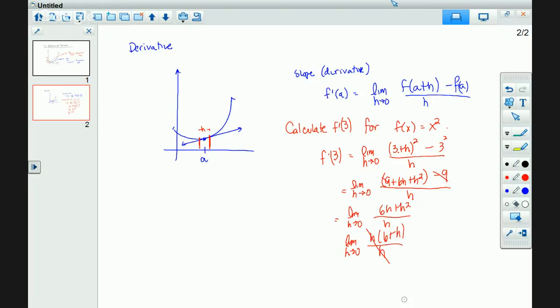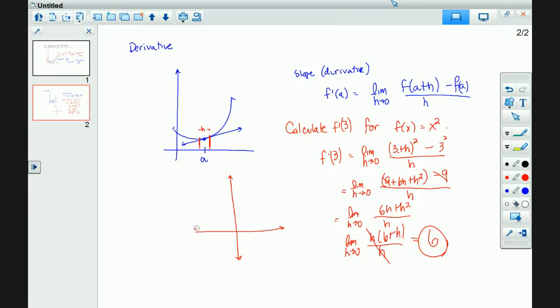And the h's cancel. And then you plug 0 in for h, right? Because it's no longer in a denominator, you're going to get an answer.